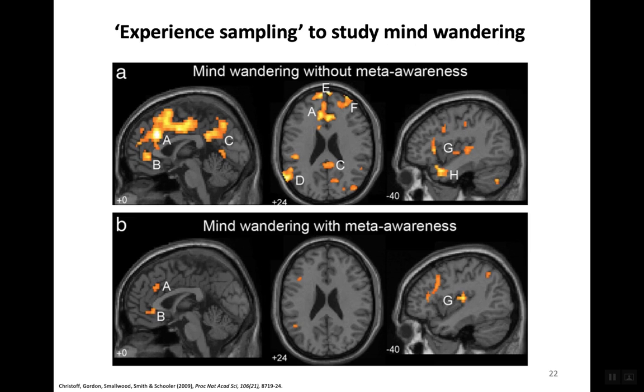In contrast, when such meta-awareness exists, then we see a significant drop in activation at the level of these regions, both in the parietal lobe and in the frontal lobe. And this is in line with the idea that mind wandering, true mind wandering, occurs without meta-awareness. And it is in this particular case that the default network comes fully into play.